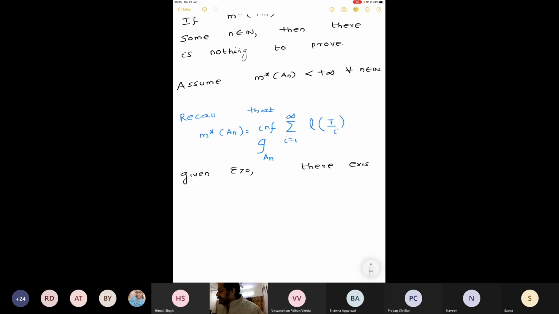There exists a countable family of open intervals, which I will write as I_{n,i}, i varying from 1 to infinity.